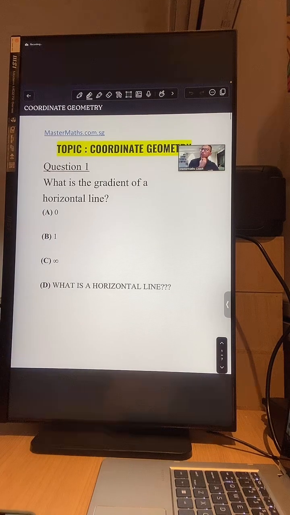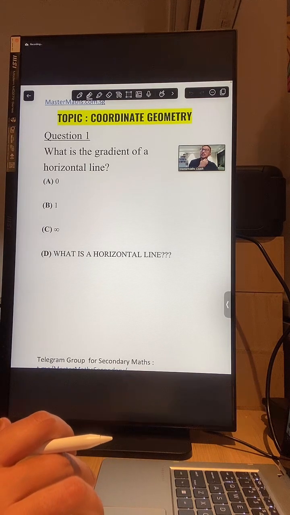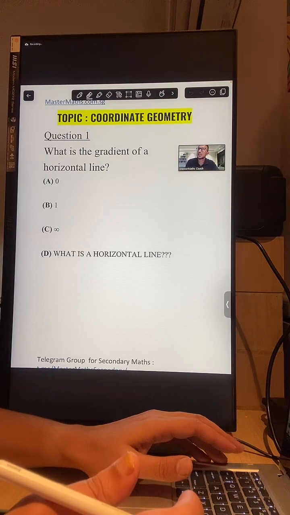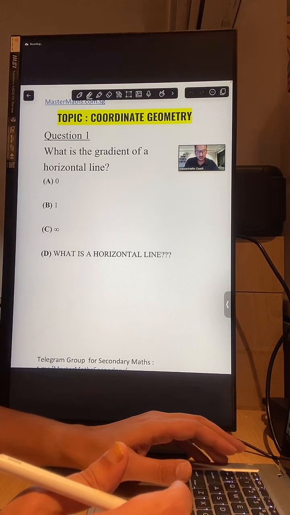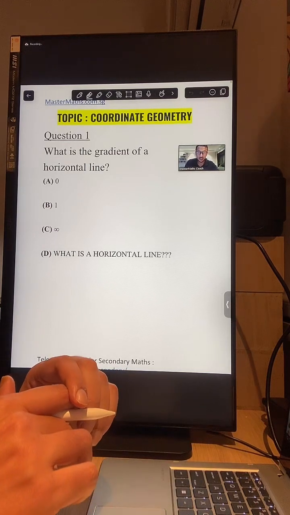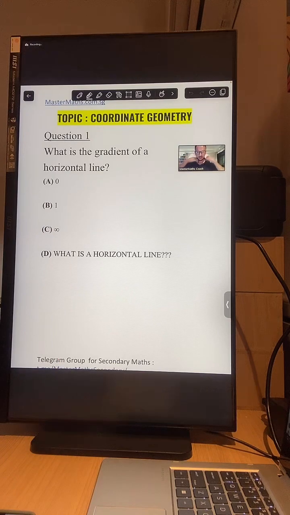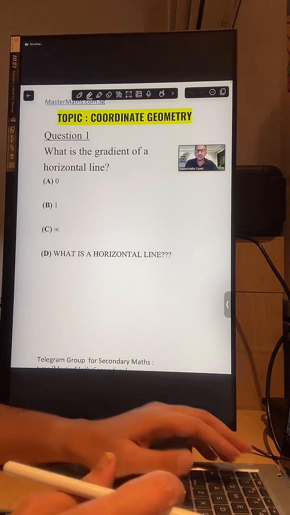Okay. So today we're going to go through the topic of coordinate geometry. One of those topics that's tested at the O levels. I believe many of y'all would have been introduced to this topic in secondary 3, if you're doing e-maths at secondary level.